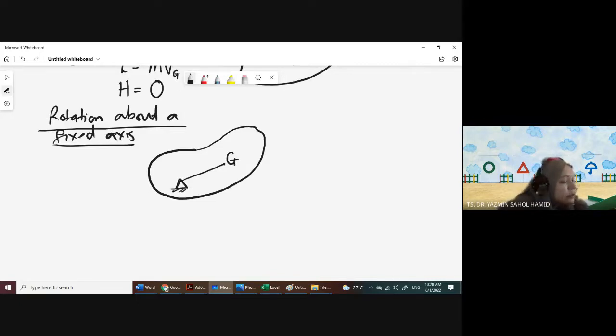So this one is rotation about a fixed axis. I'm sure you understand already. This is the r with respect to G. This is the linear momentum, mvG. And let's say it has angular momentum H. H equals to what? I omega, IG omega.